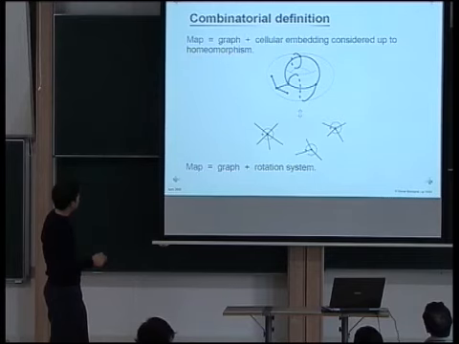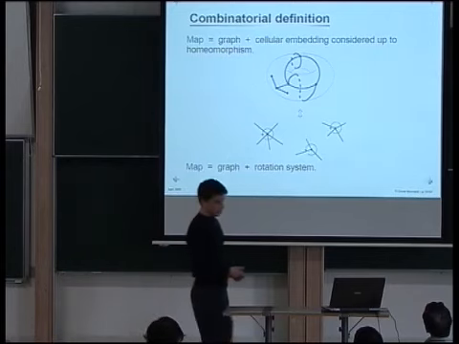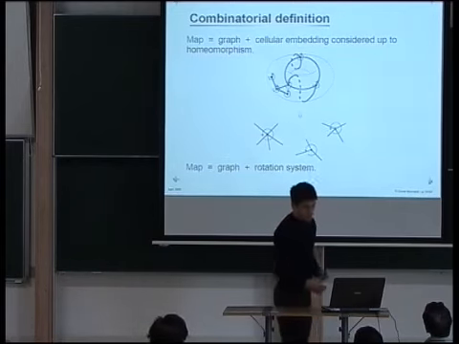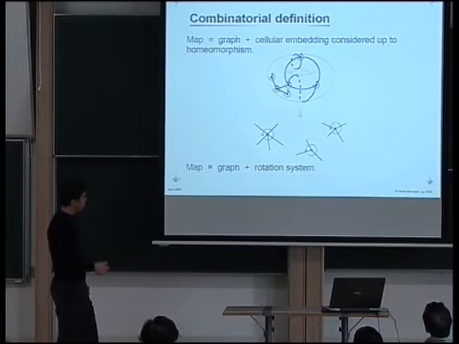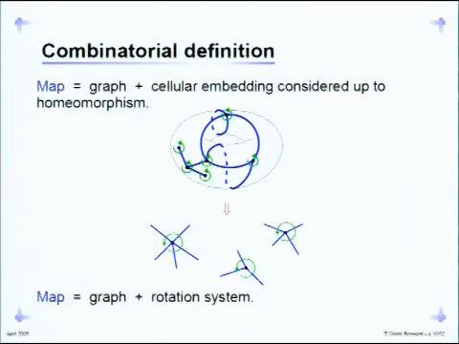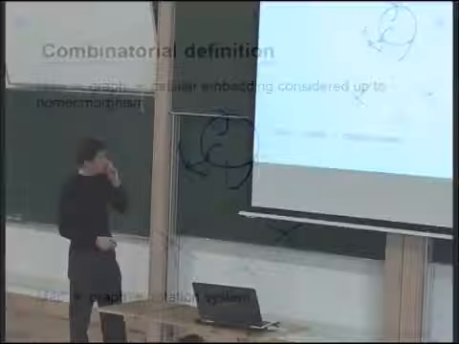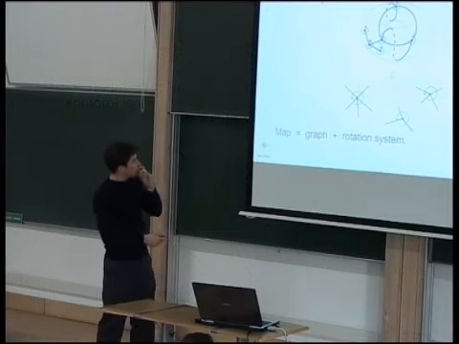It means that there is a one-to-one correspondence between these two objects. They are the same objects, and I can at least make precise how you go from a map to a rotation system. It is very clear. You look at the counterclockwise order of the edges on the surface, and this gives a rotation system. So why is that one-to-one?